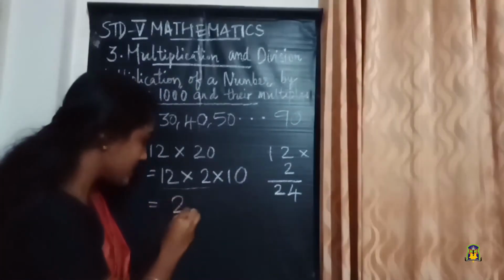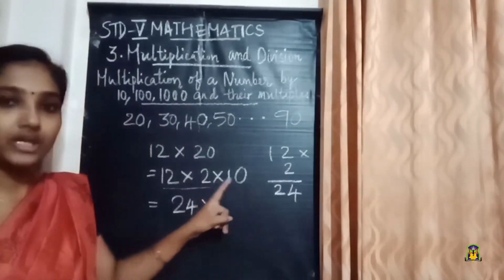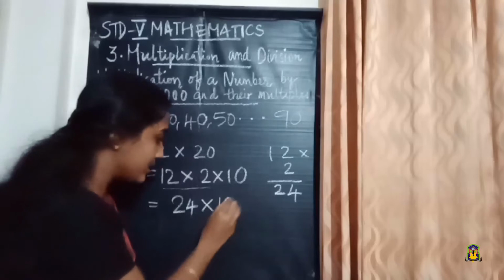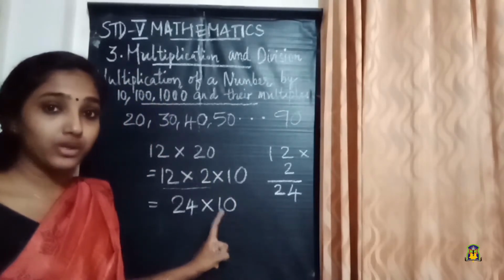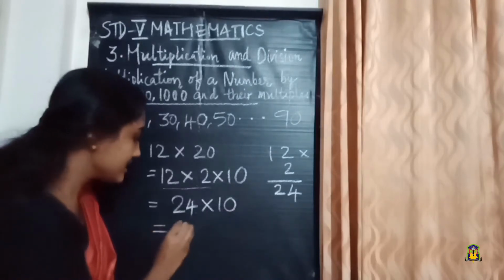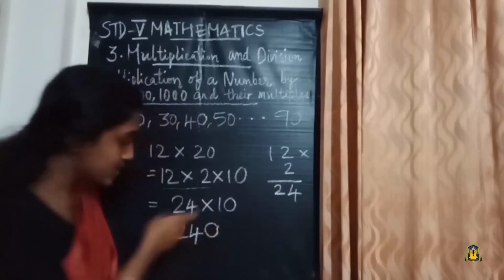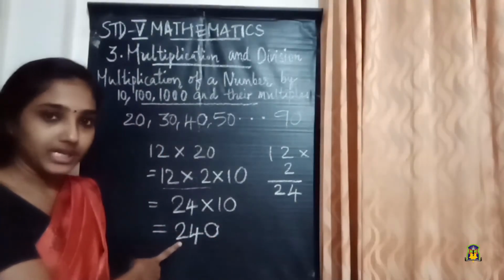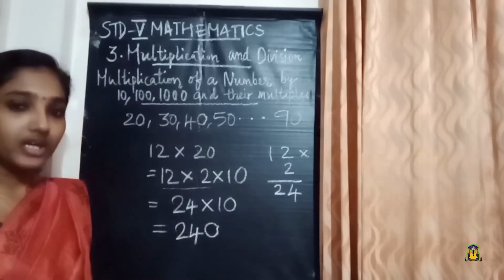Then we multiply with 10: 24 into 10. When a number is multiplied by 10, the product is that number with a 0 at its right end. So 24 into 10 gives 240.